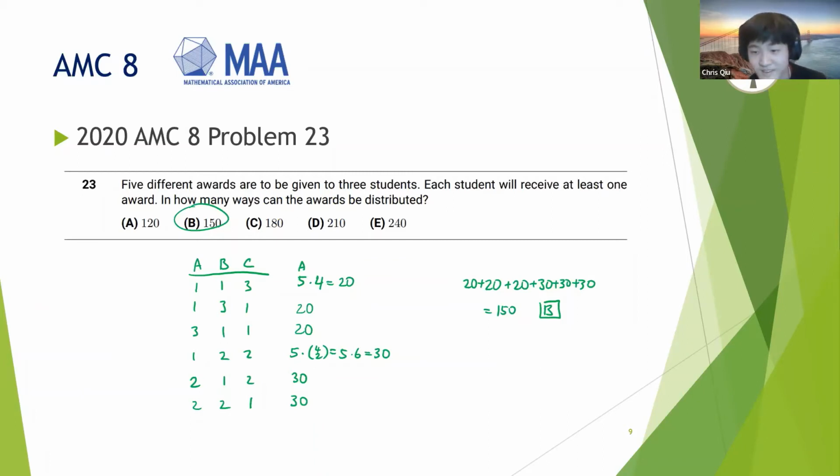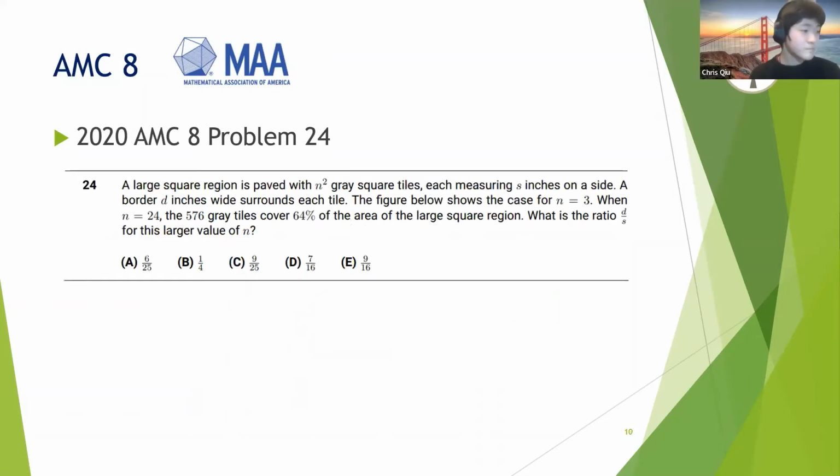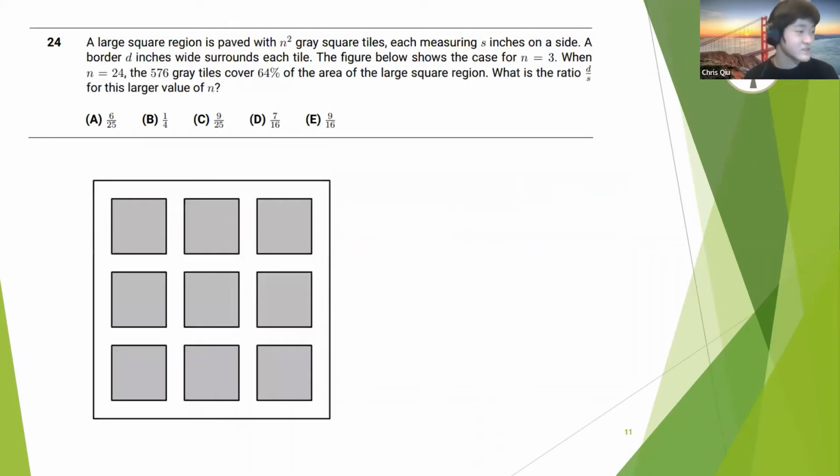All right, no problem. So next up, we have problem 24 from the 2020 AMC. There is a diagram for this problem, so I'll go on to the next slide where the diagram is.